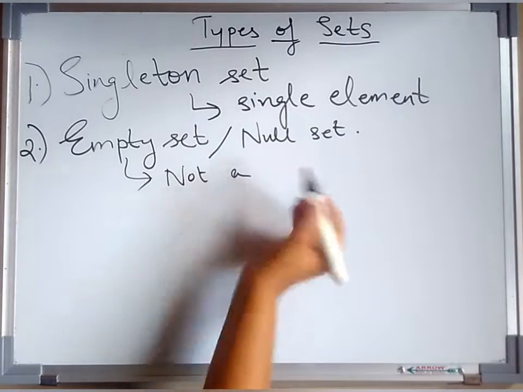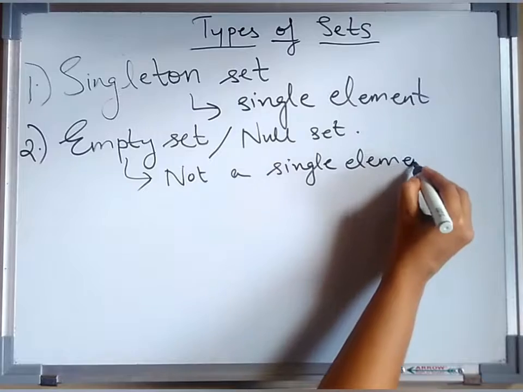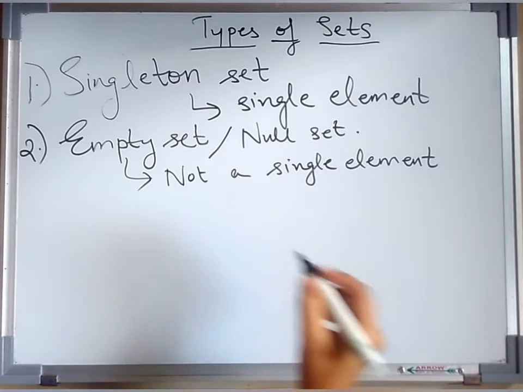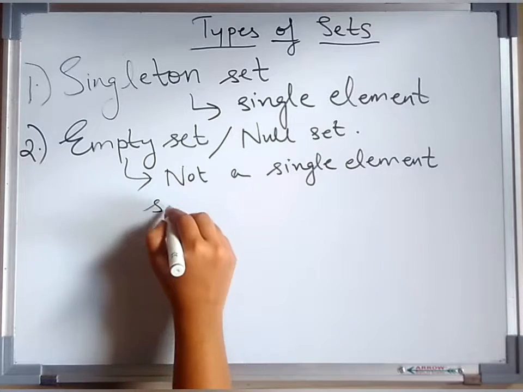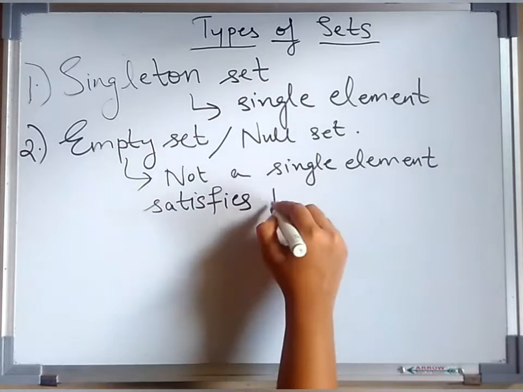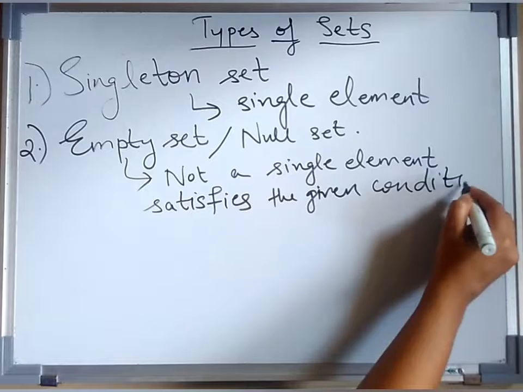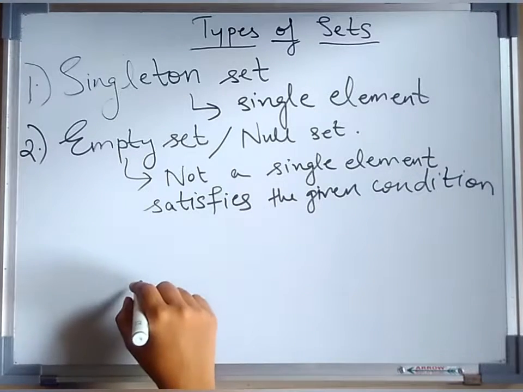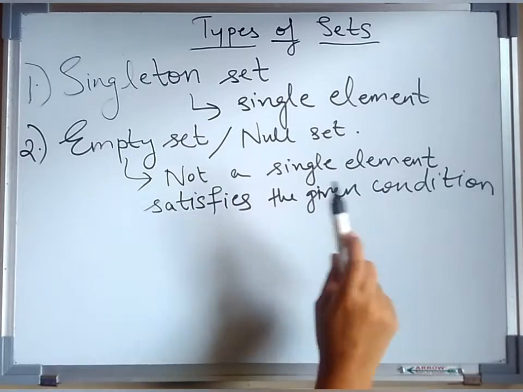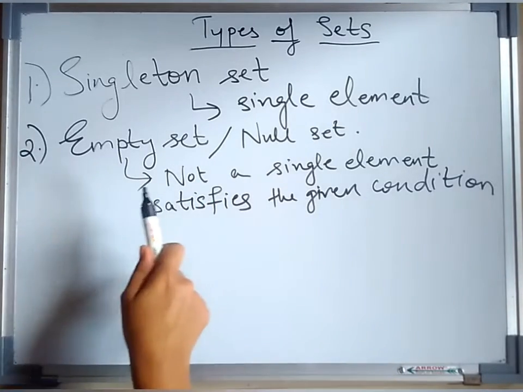Not a single element satisfying the given condition. So, if we do not find any element satisfying the given condition for a particular set, then that set is an empty set or a null set. That means a set with no elements.